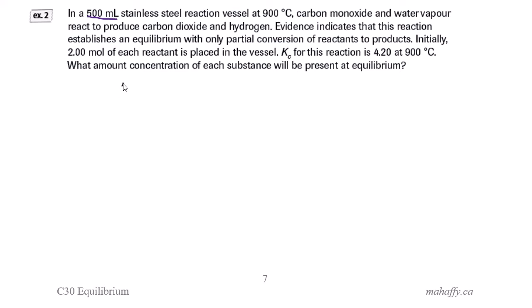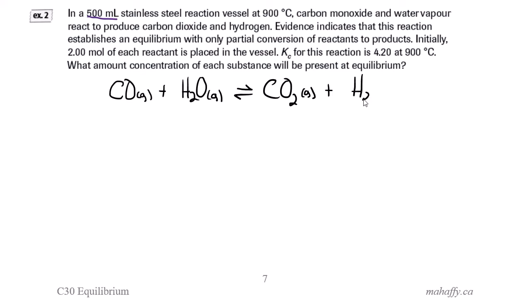Carbon monoxide gas and water vapor, so that's a gas too, react to produce carbon dioxide and hydrogen, don't forget, that's diatomic. Let's look at my balancing here. I've got 1 carbon, 1 carbon, 2 oxygens, 2 oxygens, 2 hydrogens, 2 hydrogens, so that's balanced already. That's nice.